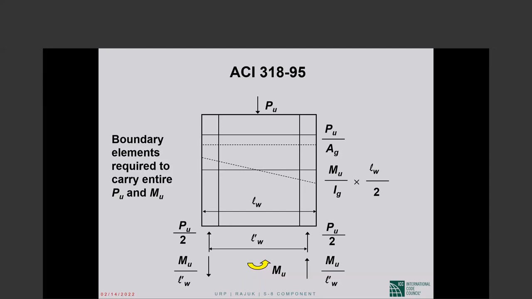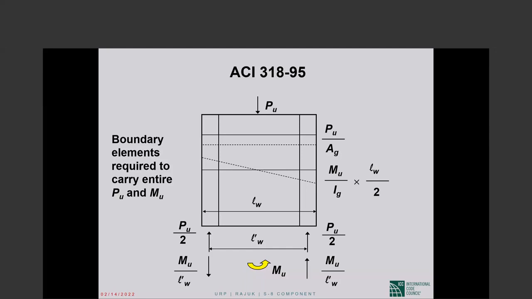Before BNBC 2020 went into effect, your code was BNBC 2006, and the ACI 318 edition that the concrete provisions of BNBC 2006 were based on was, to the best of my knowledge, ACI 318-89, which is even older than 318-95.